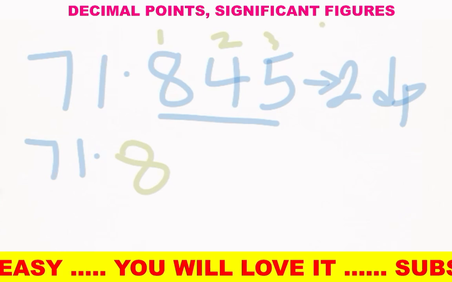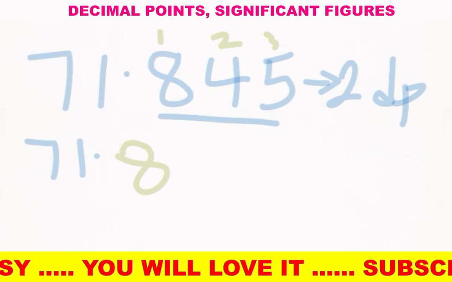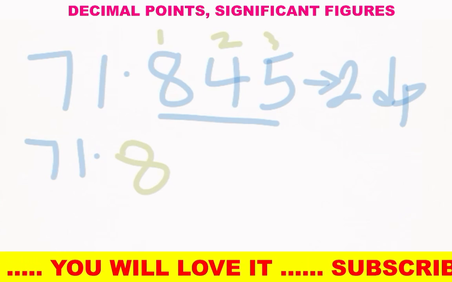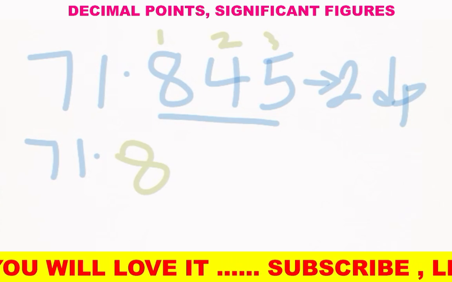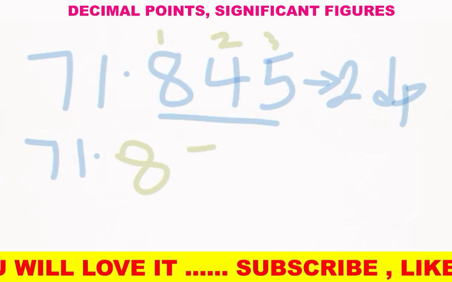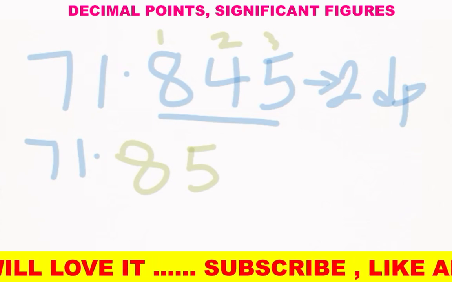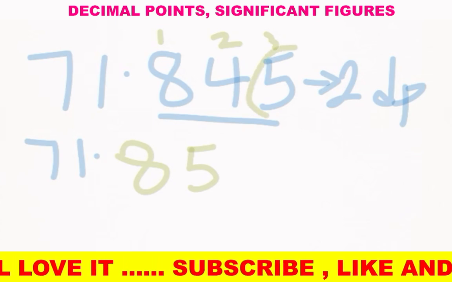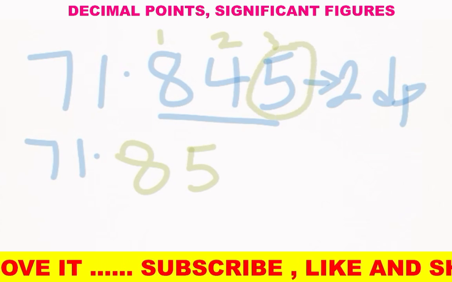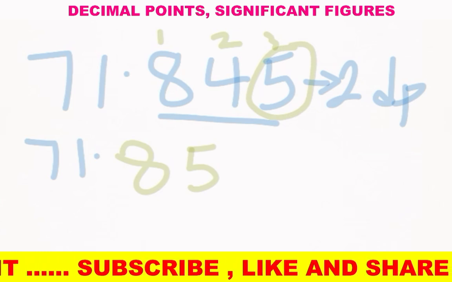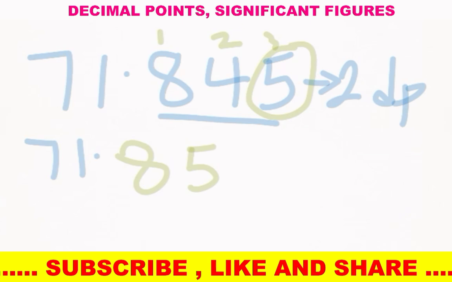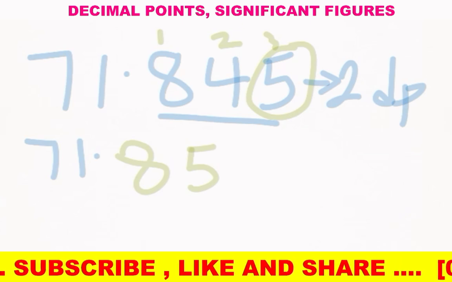Once it is 5 and we want 2 decimal places, we have to take 1 from the 5 and add to the 4 so that we will get 5 here. After that, we have to dump this one because we need 2 numbers after the decimal point. So these are the solutions for the previous question.